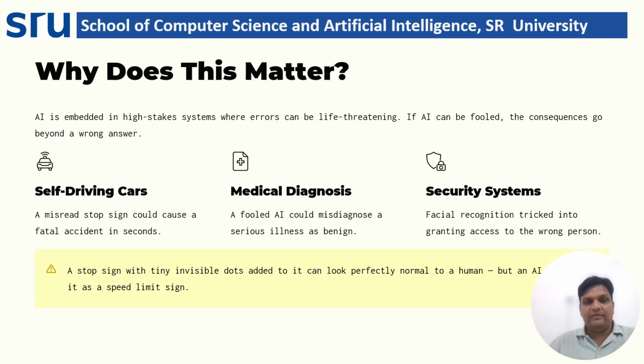Medical diagnosis: a fooled AI could misdiagnose a serious illness as benign. Security system: facial recognition tricked into granting access to the wrong person.